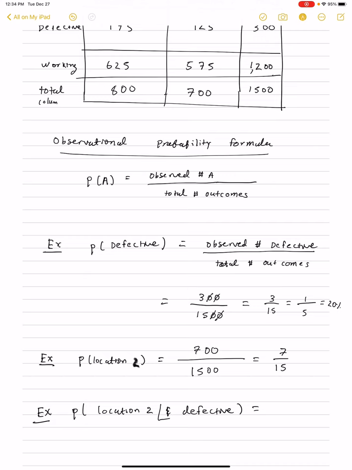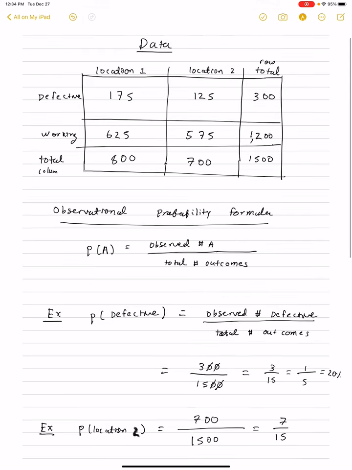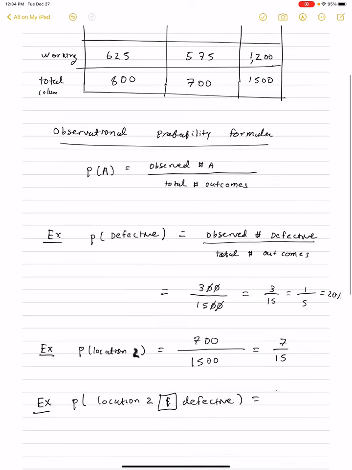So this "and" tells us that we need location 2 and defective. That's 125, that's how many are observed, divided by 1500. And this represents the proportion of defective, or the rate of defective at location 2. And that's about 8.33%.